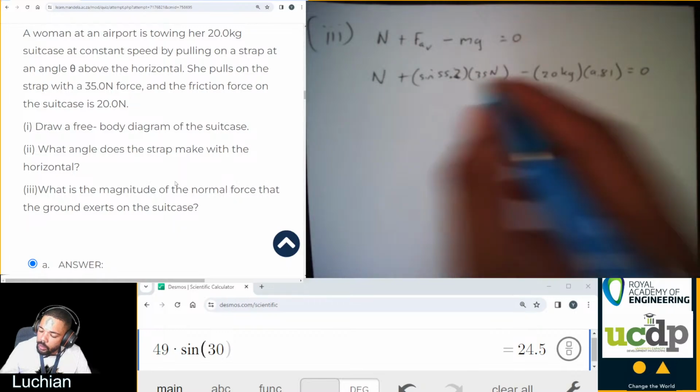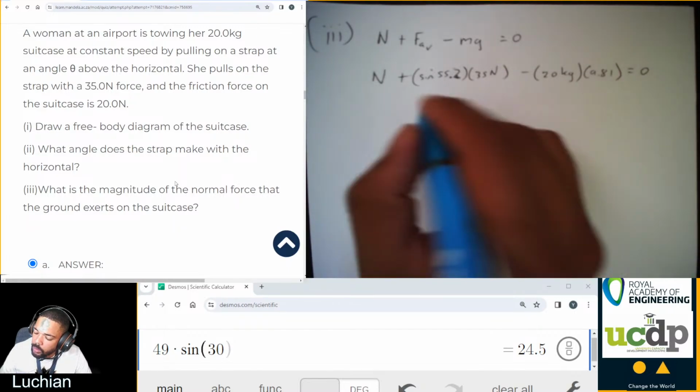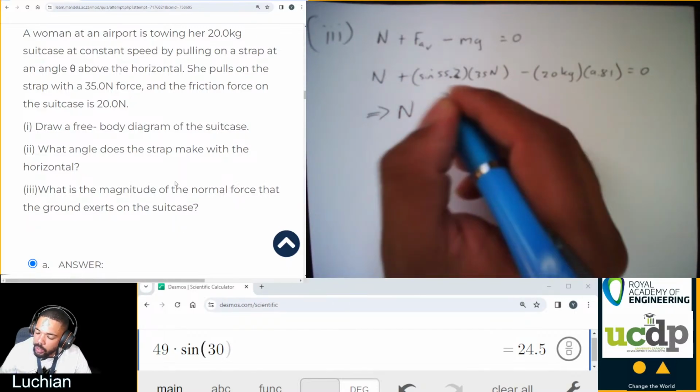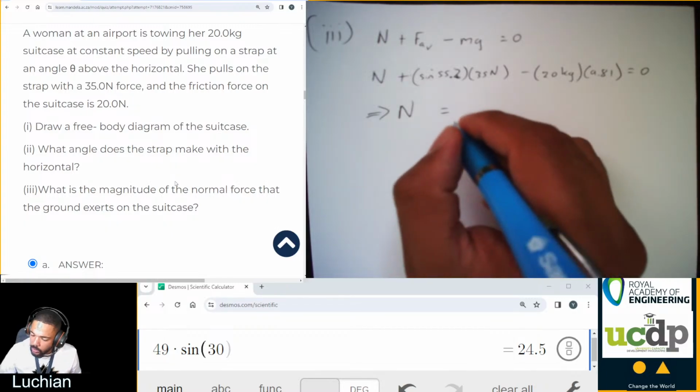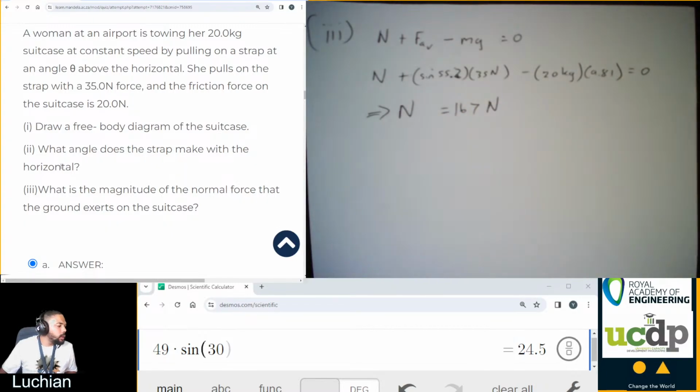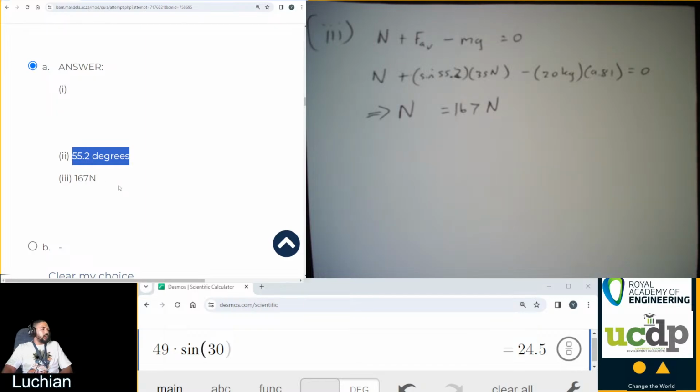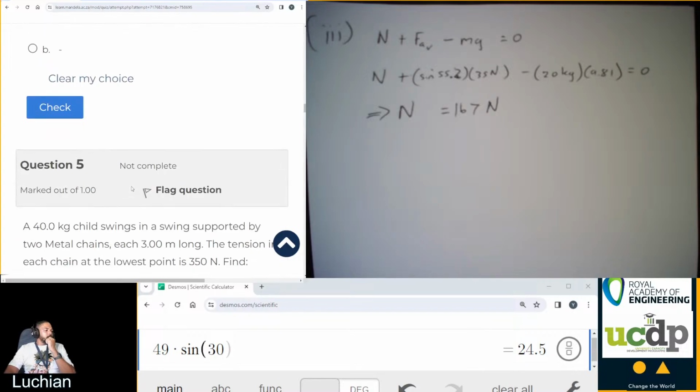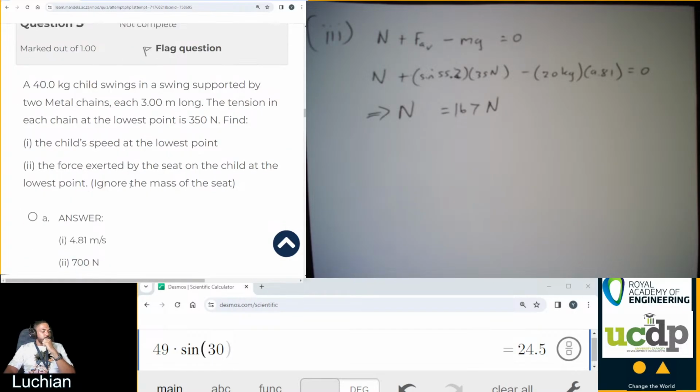If we solve for N, we multiply all of them and take them to the other side. We have that N, the normal force, is equal to 167 newtons. Okay, and is that what the answer should be? Yes, 167 newtons.